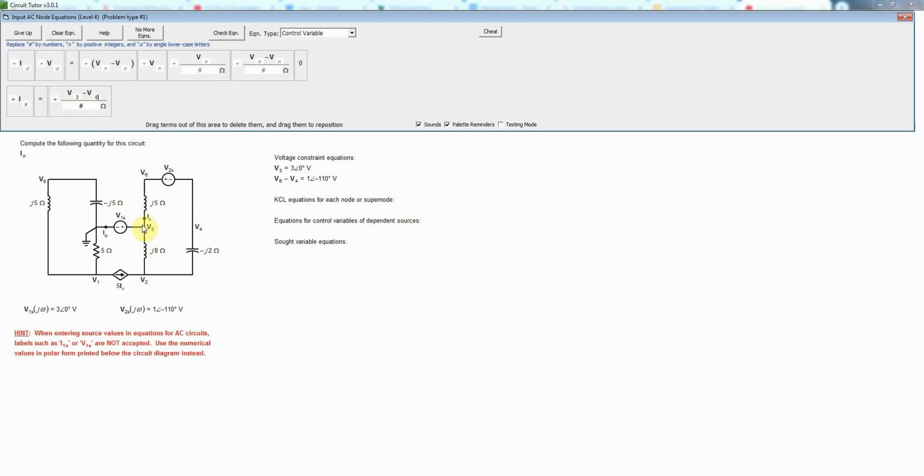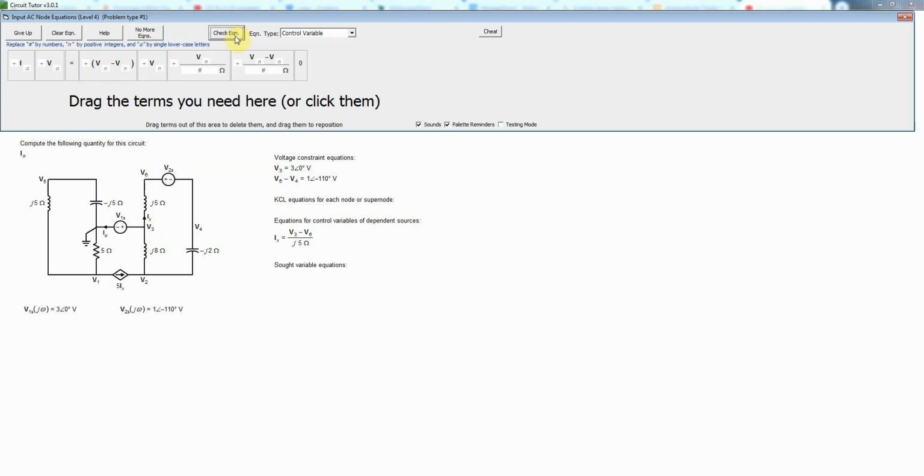At least its reference direction goes in that direction. Of course, we don't know which way the current is actually flowing there, and in fact, AC currents oscillate back and forth anyway, but we just write V3 minus V6 because that's the direction in which it's pointing, and then that'll be divided by j5. Or 5j, it doesn't matter. Okay, and then we've done the control variable equation.